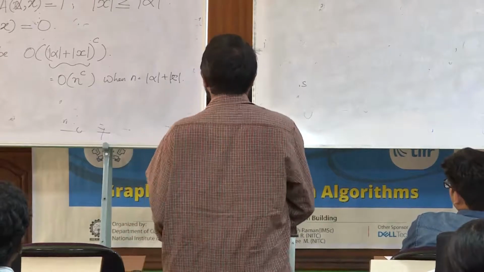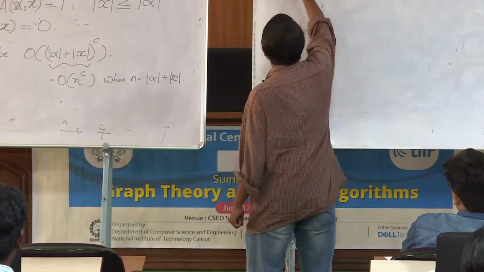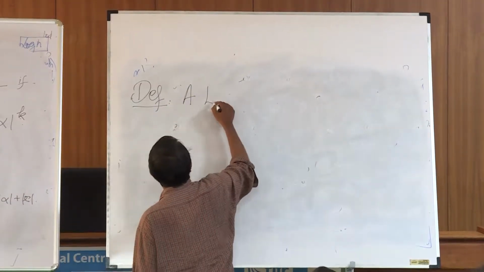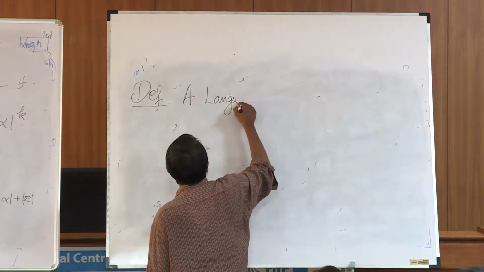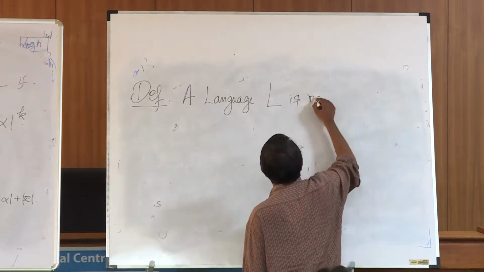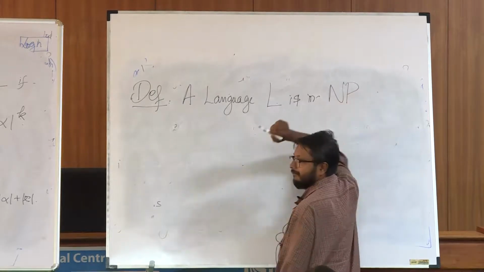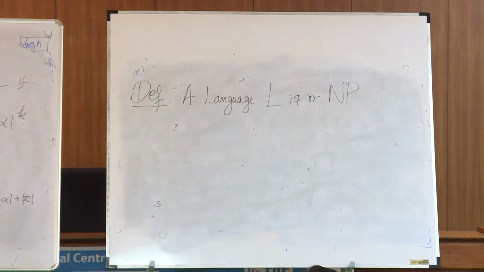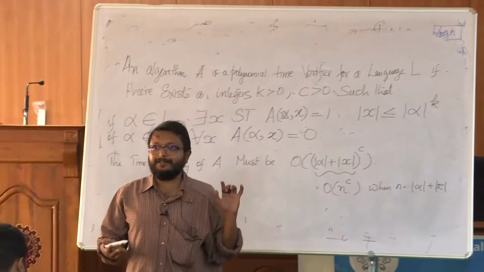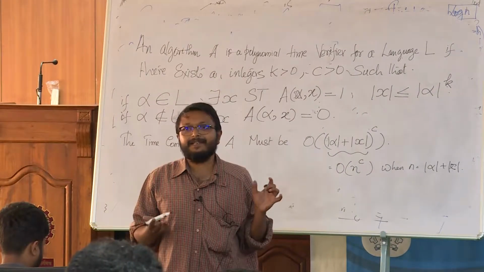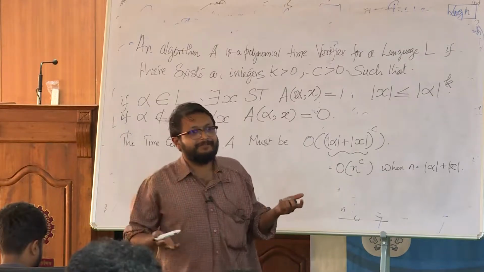A language L is in NP if you can design a polynomial time verifier. See, I have already written down what is a polynomial time verifier, right? A language is in NP if there is a polynomial time verifier for it.